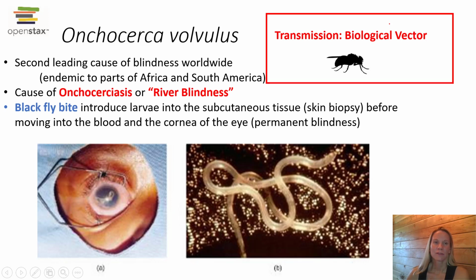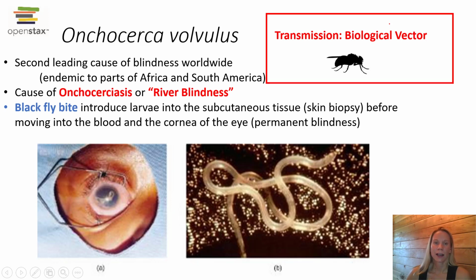What happens is these black flies breed in moist environments, and then they become infected by drinking the water of lakes and streams that harbor the worm larval stage.